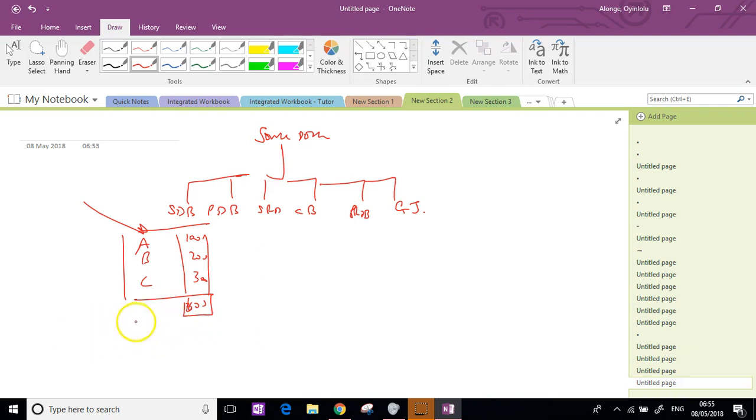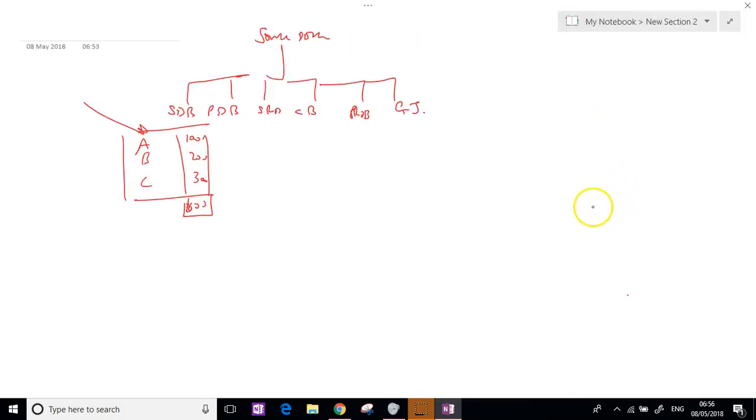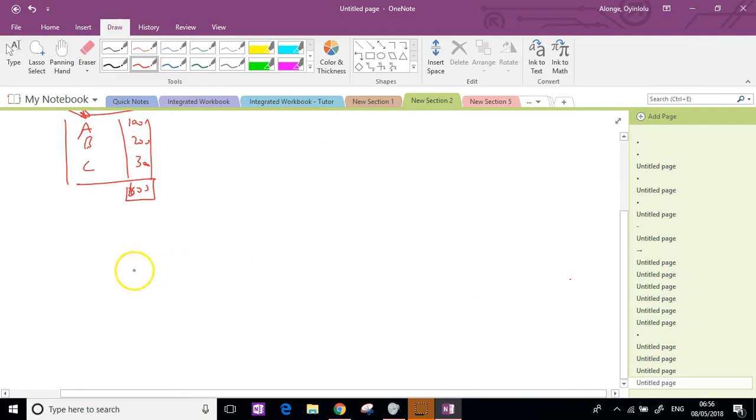So we've done this, and we're happy with this. Now let's do the double entry. The reason for preparing the double entry is to prepare the accounts.